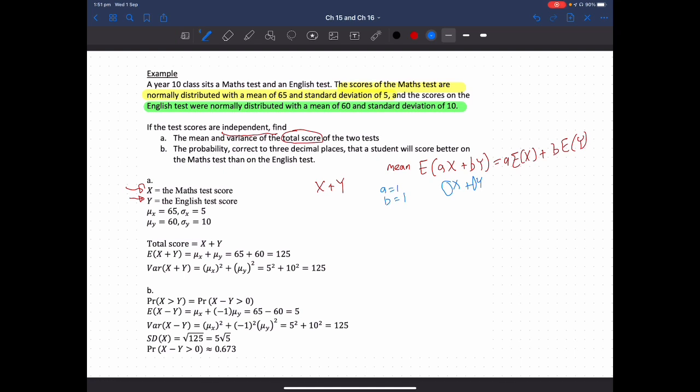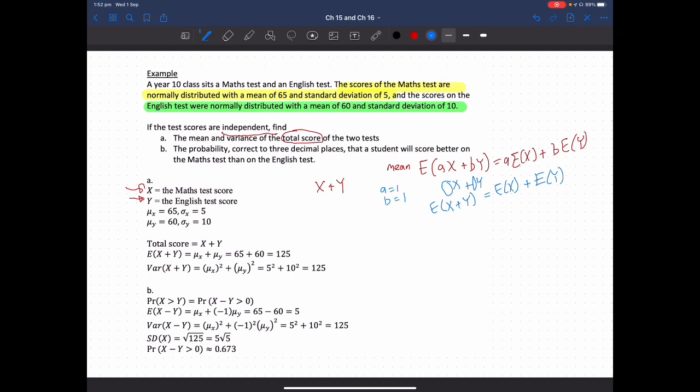That means our expected value of ax plus by is going to be the expected value of x plus y equals 1, so we don't need to write it, times the expected value of x plus b, which is 1, times the expected value of y. So we've got the sum of the expected value of x and the expected value of y.